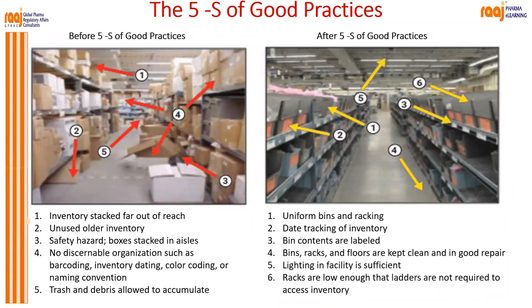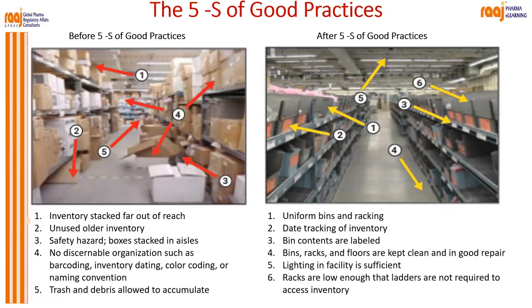Just see this. This is a case study before 5 S and after 5 S. Correct? 1, 2, 3, 4, 5. Just see. Inventory stacked far out of reach, unused older inventory, safety hazards, boxes stacked unevenly. See how it was stacked. Anyone can fall, correct? How can you find the proper box which is desired by me?